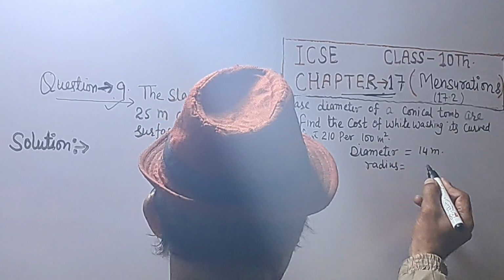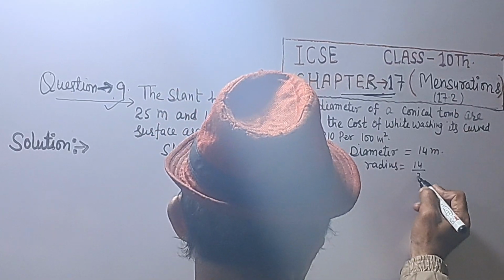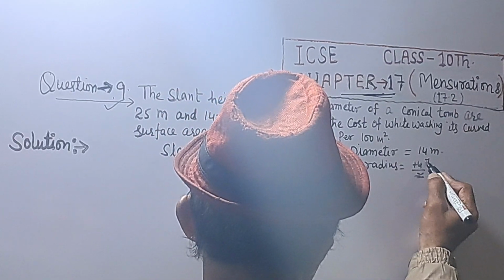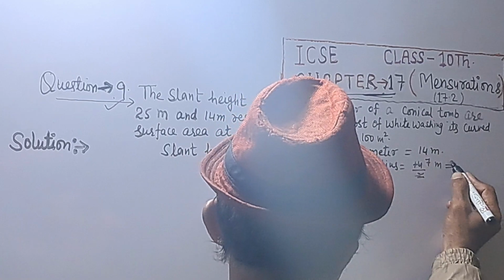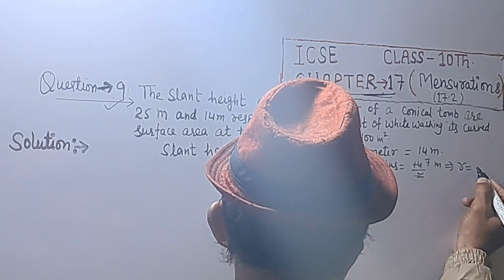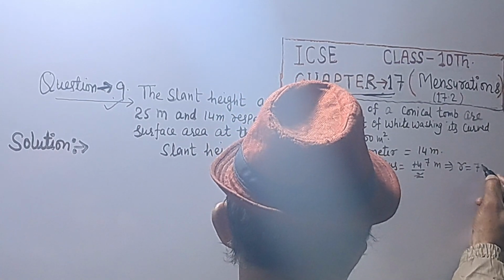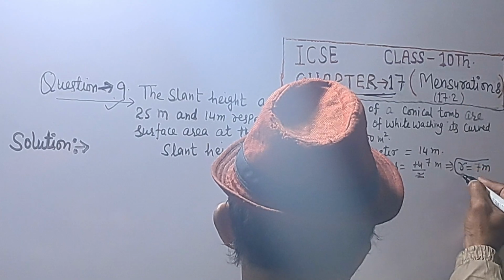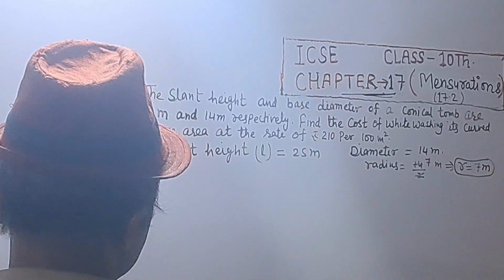Radius is equal to half of diameter, that is 14 upon 2, which implies radius R is equal to 7 meter.